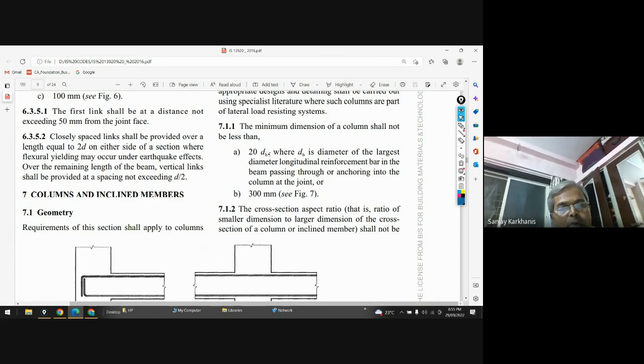Now, why is the code asking this? Because again, as we have considered in our joint, provision of LD inside the joint becomes very problematic if you are not following these provisions, or it shall not be less than 300.